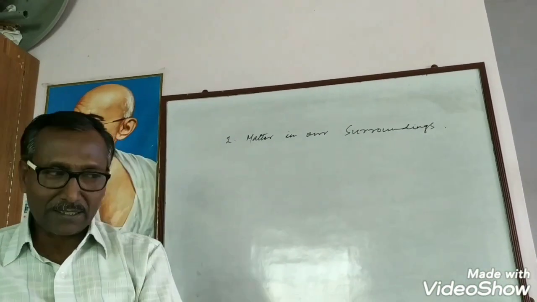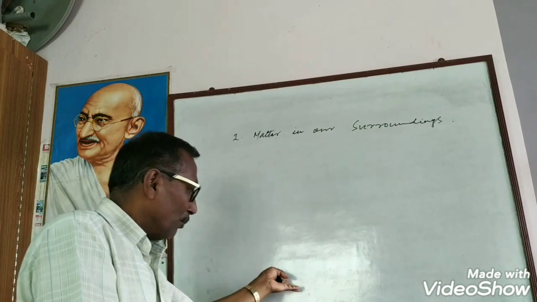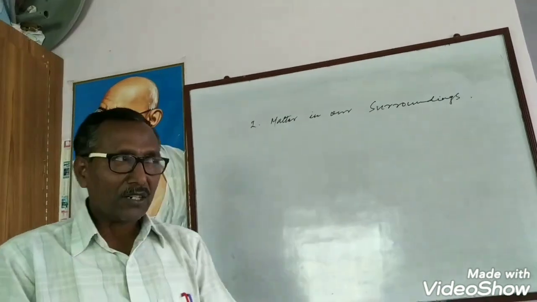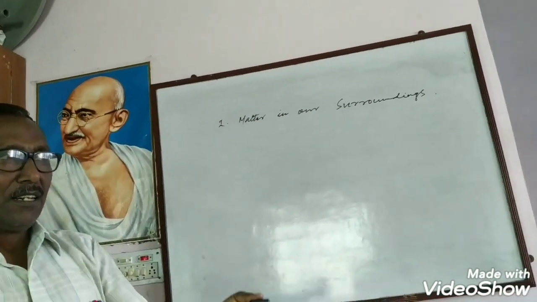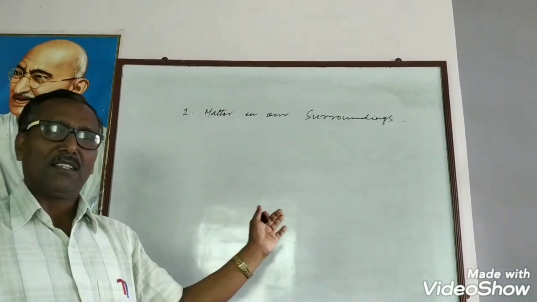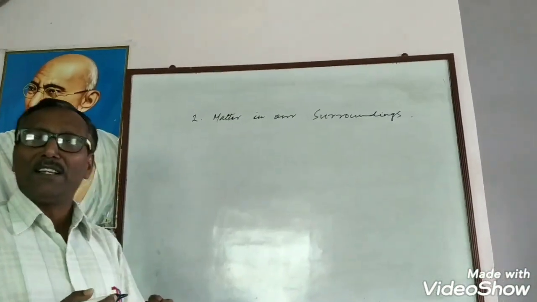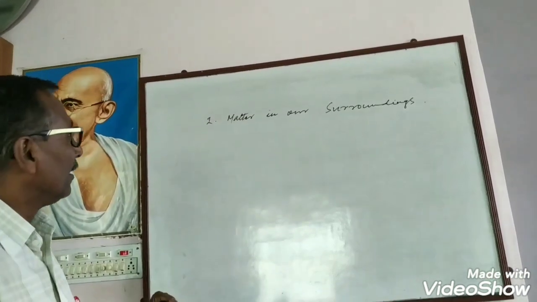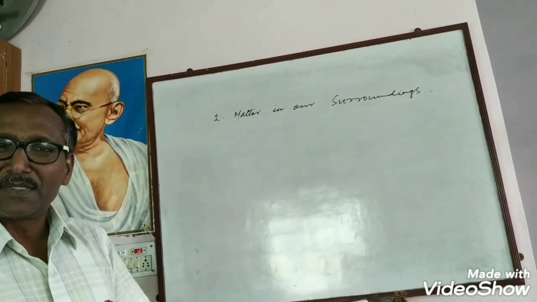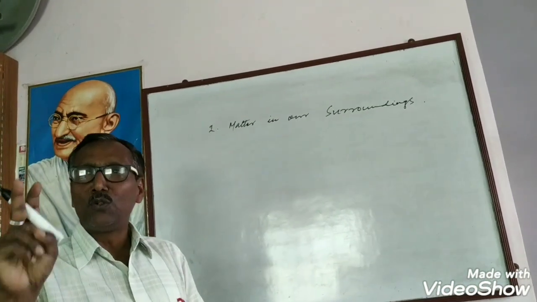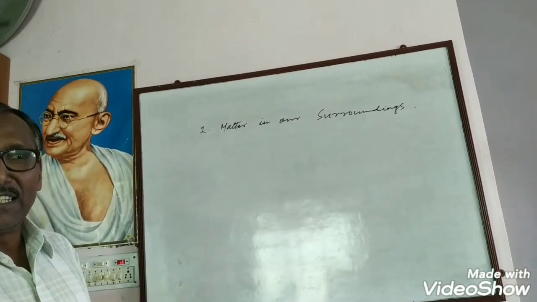Benches, desks, board, chalk, duster, pen, etc. They are all matter. Why are they called matter? Because they have 2 important things in common.